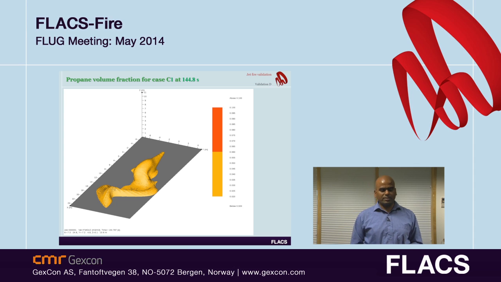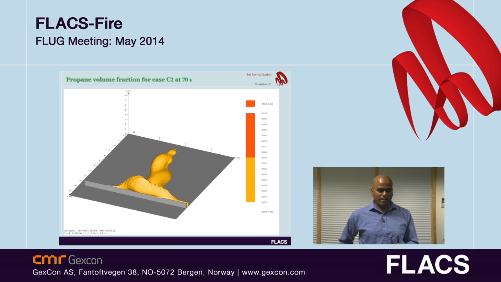Here, in the first case, C1, where there is no obstruction, this plot shows the concentration of propane after 144 seconds. This profile agrees very well with the experimental investigation.